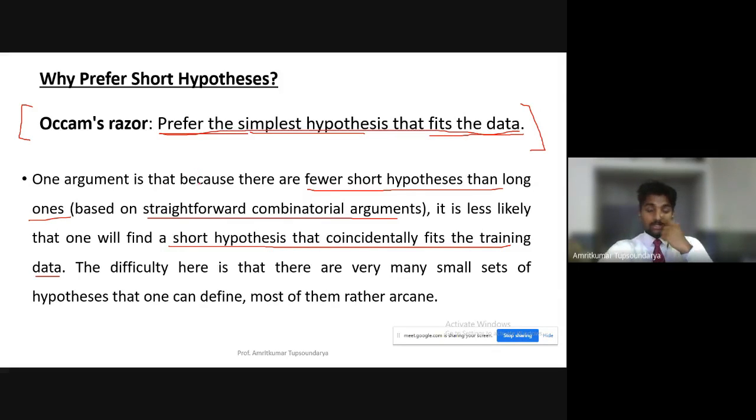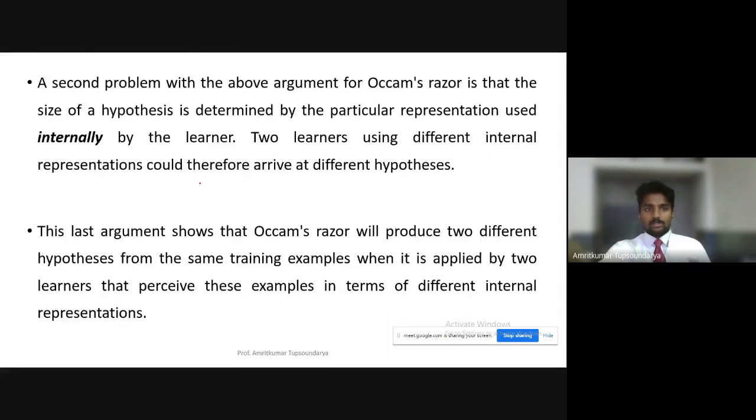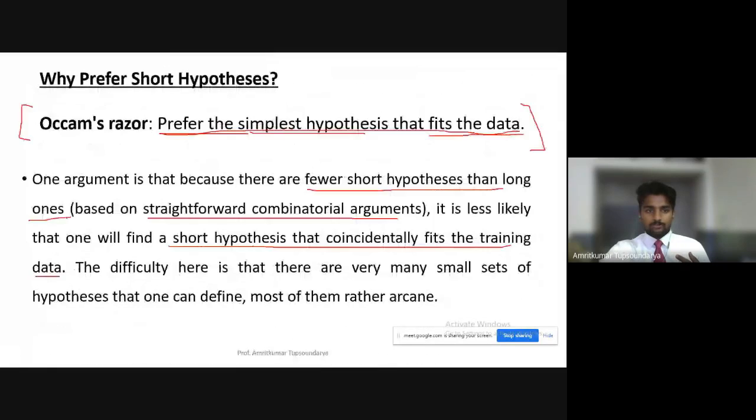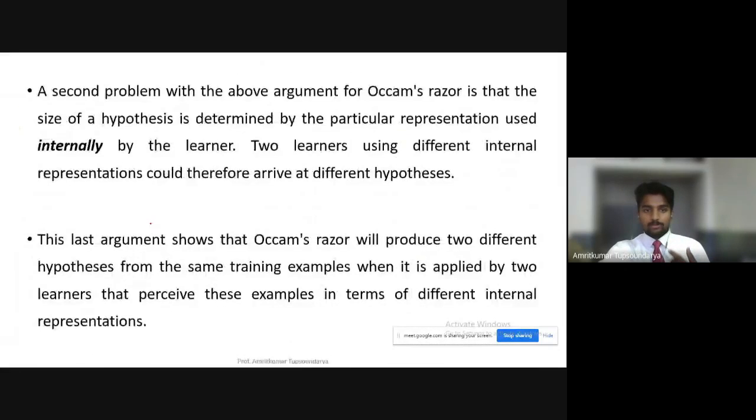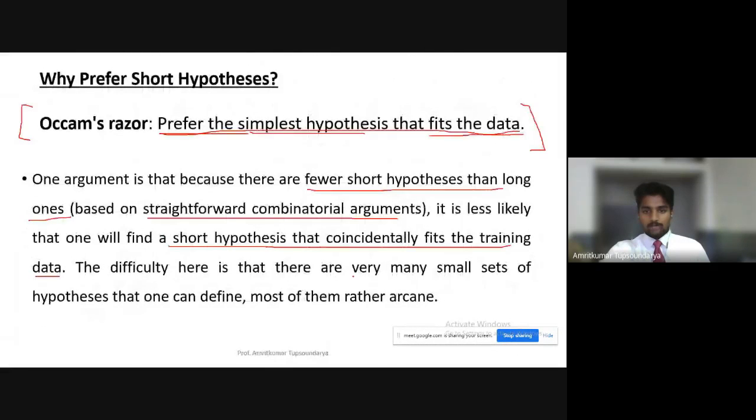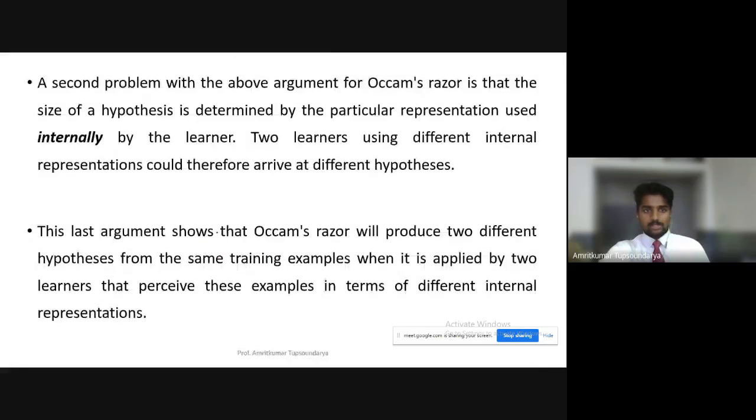We have a few more arguments about the problem with the first argument. The first problem, as I said, is that there is a very small set of hypotheses one can define, and most of them cannot be easily understood. Now there is one more problem with this argument: the size of a hypothesis.